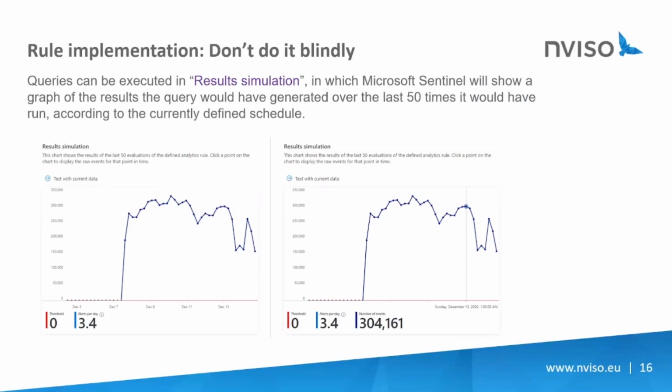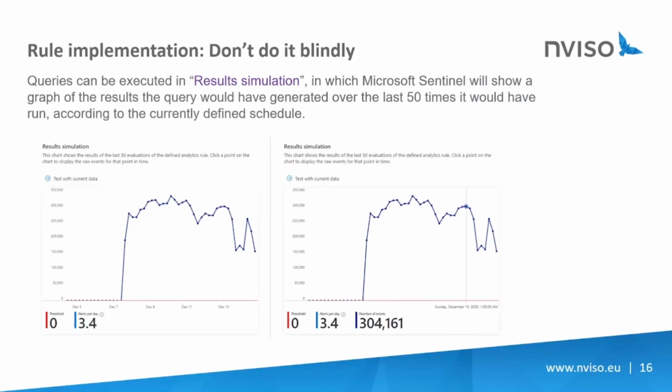So Azure Sentinel has this thing called the result simulation, which basically gives you an idea of how many detections a rule would generate in your environment.